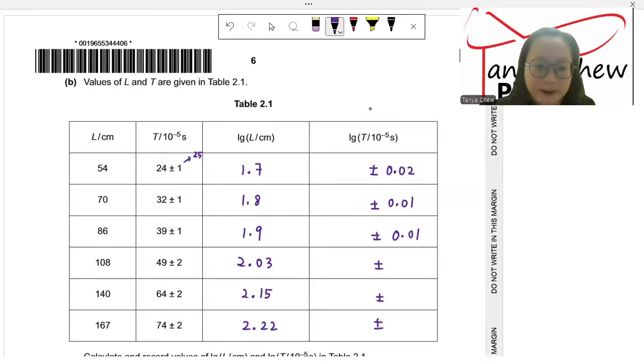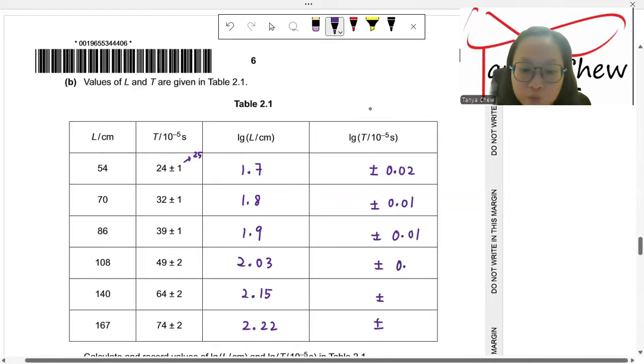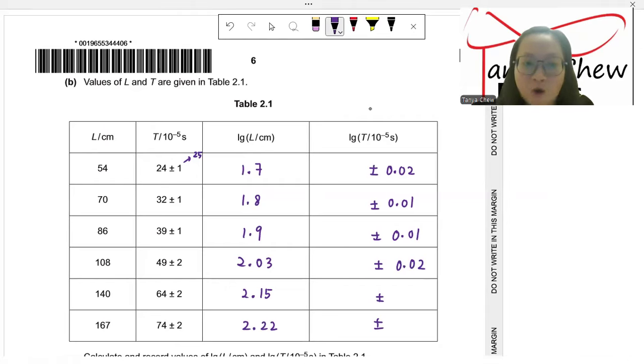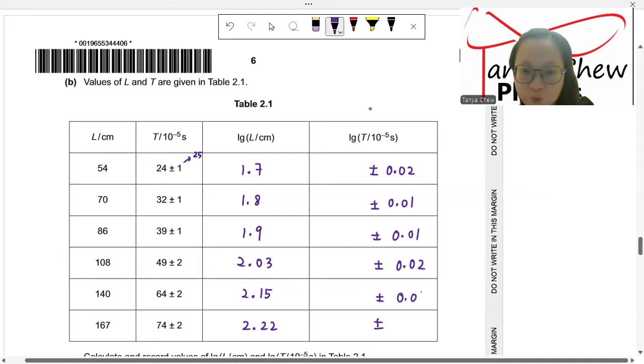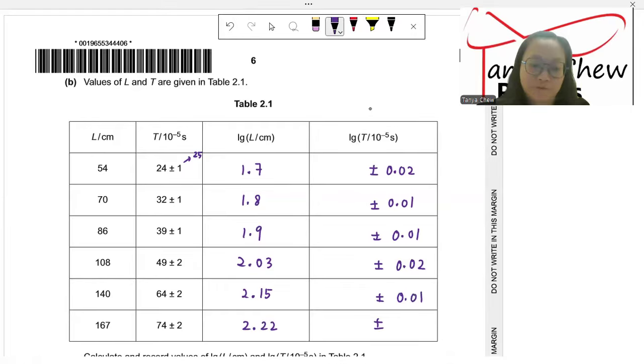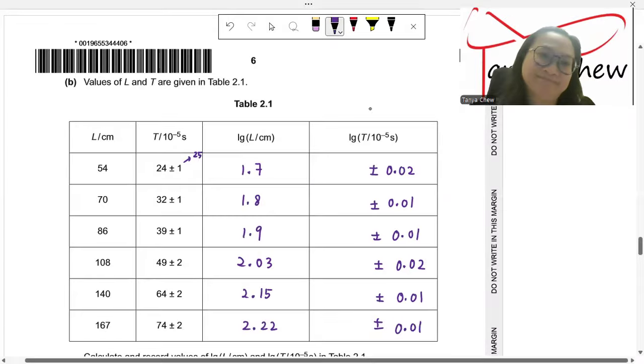Be careful with the absolute uncertainty given here. So it is 0.02 I got here. And the fifth reading, it is log 66 minus log 64, because plus minus 2, which you will get 0.01. And the last, log 76 minus log 74, which you get 0.01.